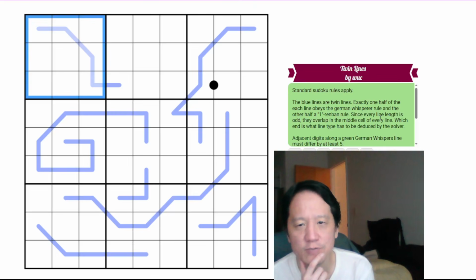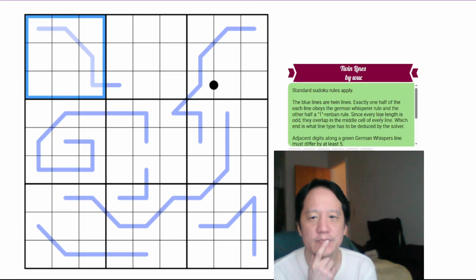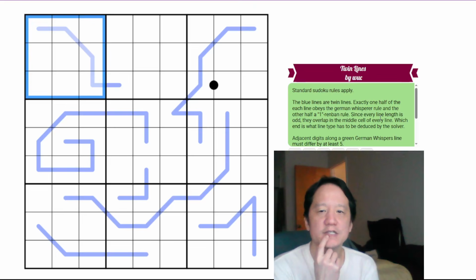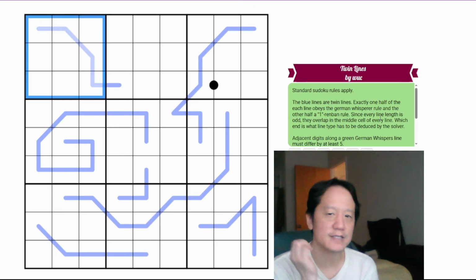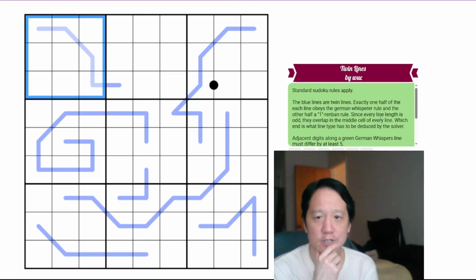I don't know what the one renban is. Well, maybe it'll be explained. Since every line length is odd, they overlap in the middle cell of every line. Oh, interesting. Which end is what line type has to be deduced by the solver.